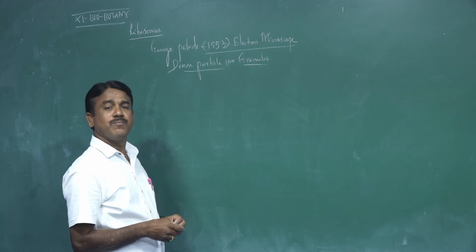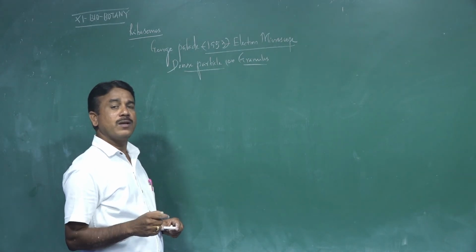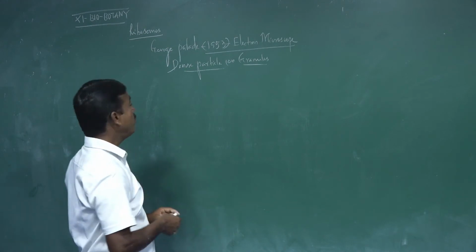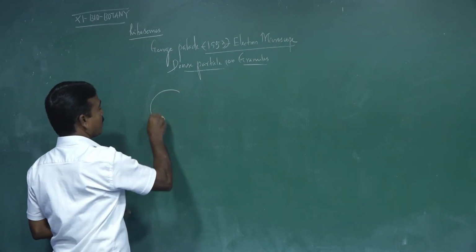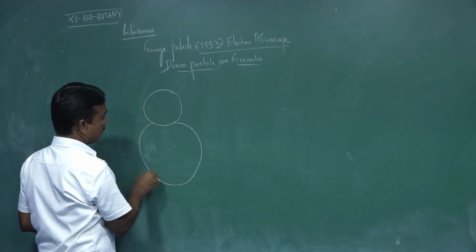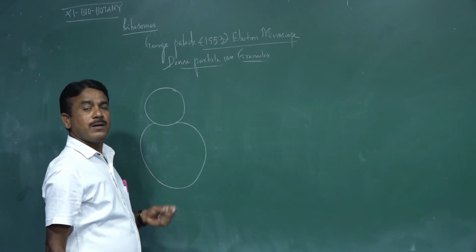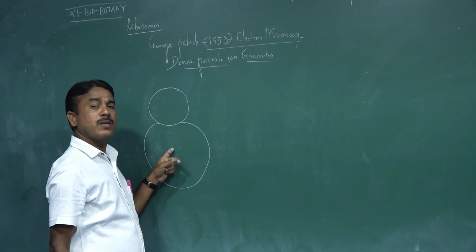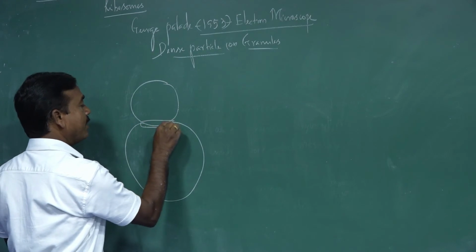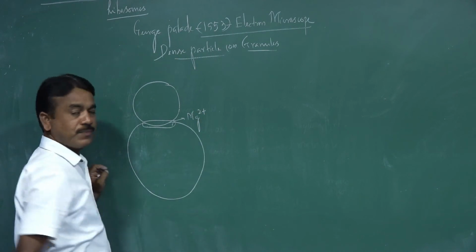Using the electron microscope, it was revealed that the ribosome has two rounded subunits. What is responsible for connecting the two subunits together? Magnesium 2 plus ion.